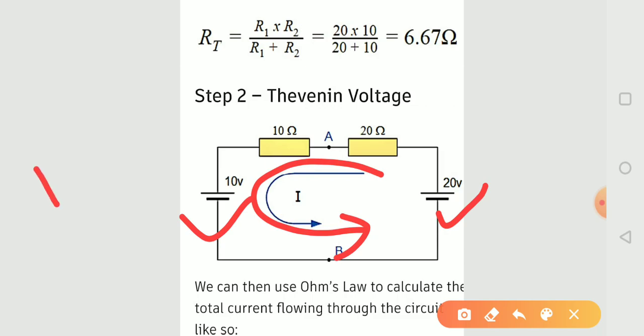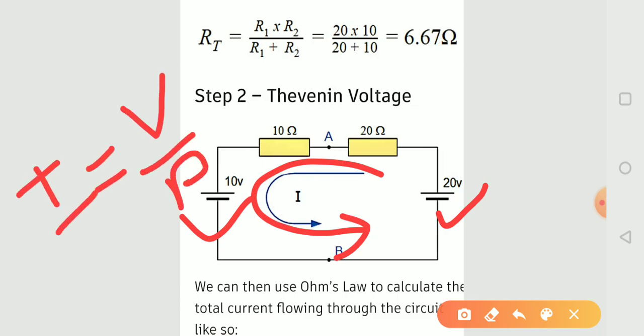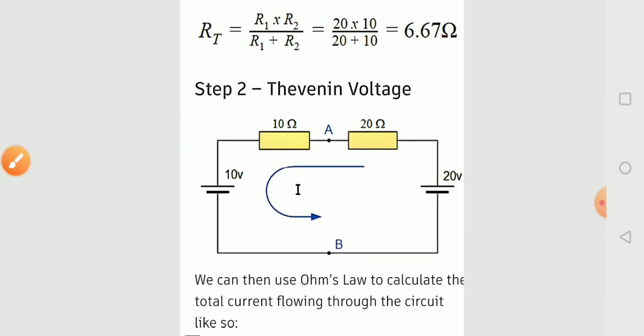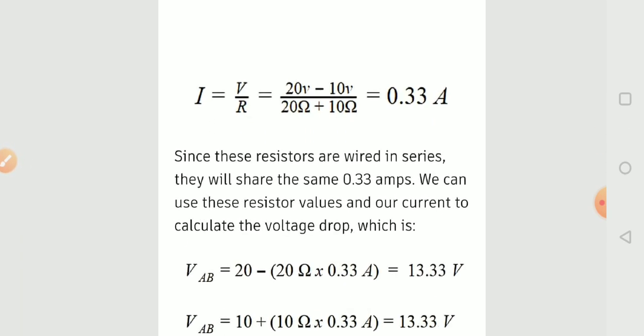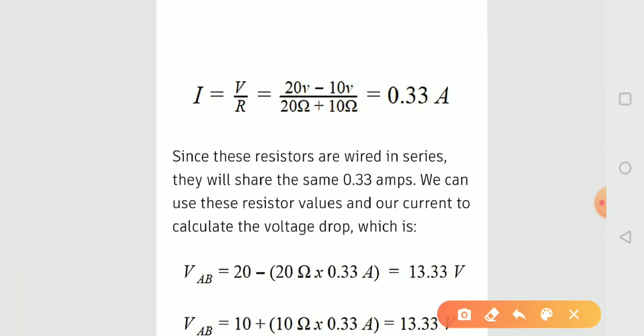We know that I is equal to V over R. Here these resistances are in series, and V is the difference between these two voltages. So I is equal to V upon R, and the two voltages are 20 volt and 10 volt.